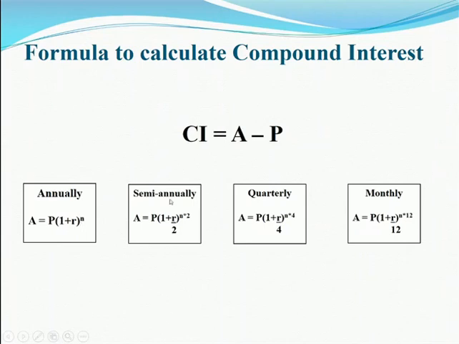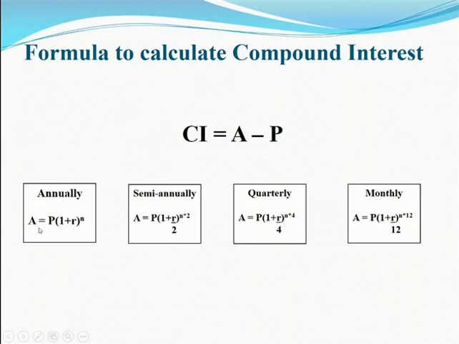If it is semi-annually, you have to just divide R by 2 and multiply N by 2. Semi-annually is nothing but half yearly. That's the reason we are dividing it by 2 and multiplying N by 2. If it's quarterly, we know that a year has 4 quarters, so you have to divide R by 4 and multiply N by 4.